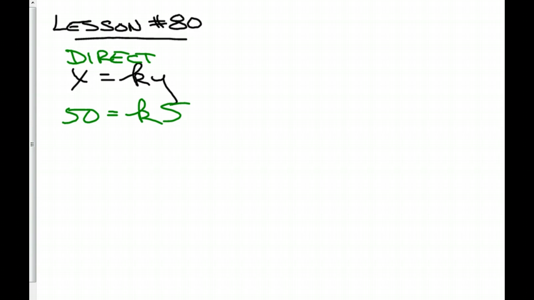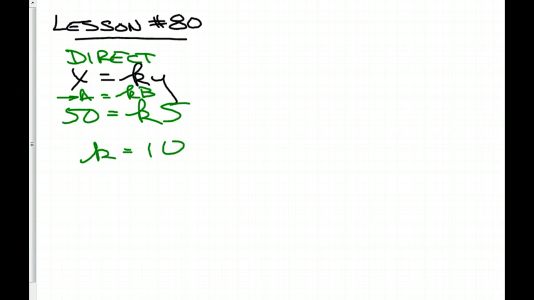So this is actually A equals KB in this particular story problem. Different times you may use cost, and you'd use a C, and all different kinds of things. But in this one it says A varies directly as B, so this is the equation that shows that they vary directly. A is 50, B is 5. That gives me a K of 10. Nothing new there at all.